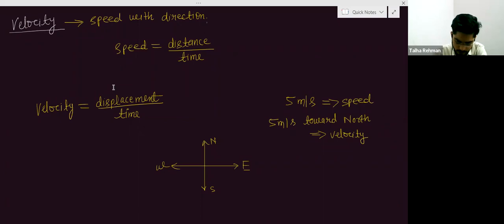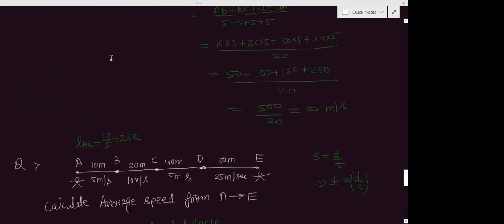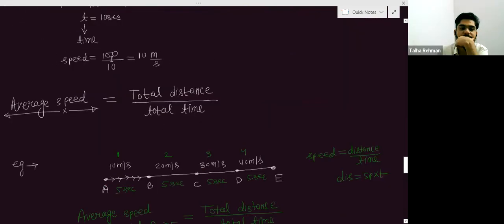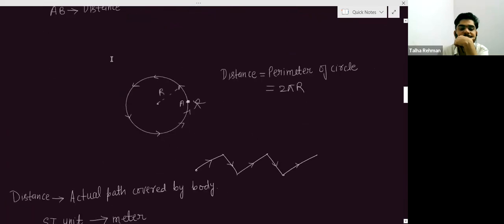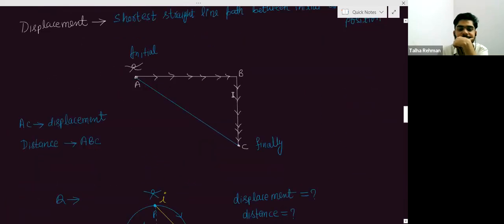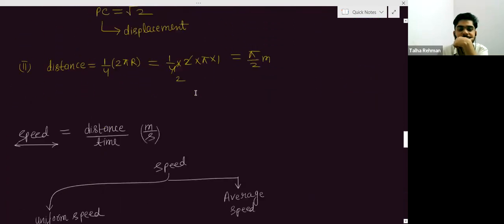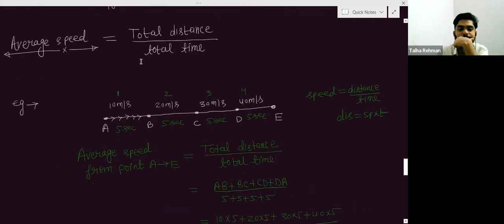Is this clear? We started from distance, then displacement, then speed. I have told you.